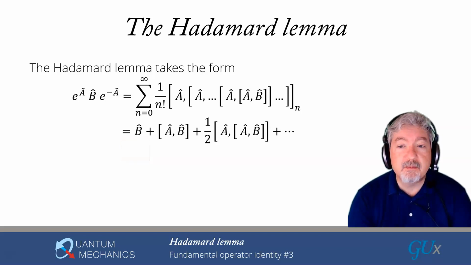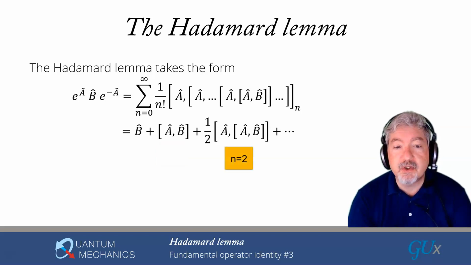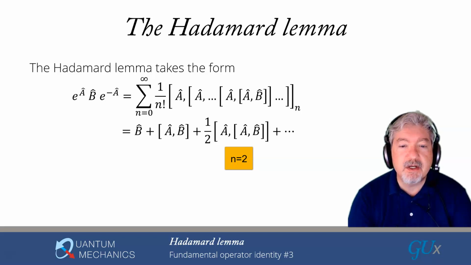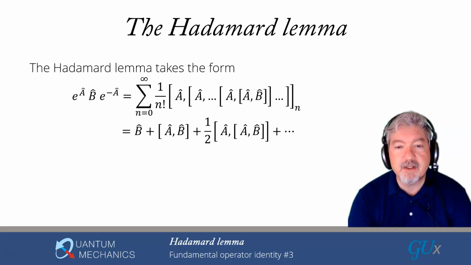The second term has n equals 1, and then there's one nested commutator, and 1 over n factorial is 1, so that's going to be plus the commutator of A with B. And then the third term is n equals 2, and that has a 1/2 from the 1 over n factorial, and then it's the commutator of A with the commutator of A with B. And we're going to see exactly what that is by expanding it out as we go through the derivation.